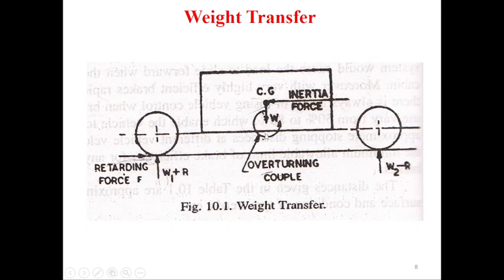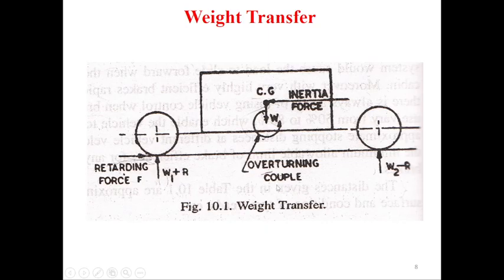This creates a turning couple due to the inertia force on the vehicle body. The square shown is the vehicle body, and the circle is the wheel. We take it as an overturning couple, for the moving vehicle being stopped or slowed down with the help of the inertia and the retarding force.